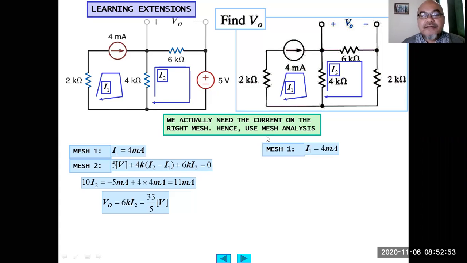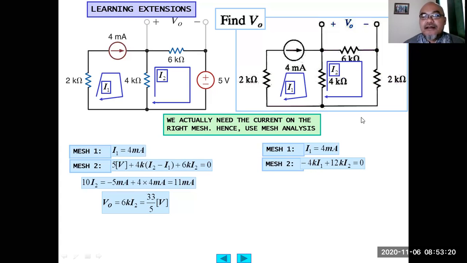This is the same. We actually need the current on the right mesh, hence we use mesh analysis. I1 equals 4 milliampere. So at mesh 2, it will be negative 4K I1, because the direction of I1 is opposite to the loop current I2. That's why here at mesh 2, we assign a negative sign.